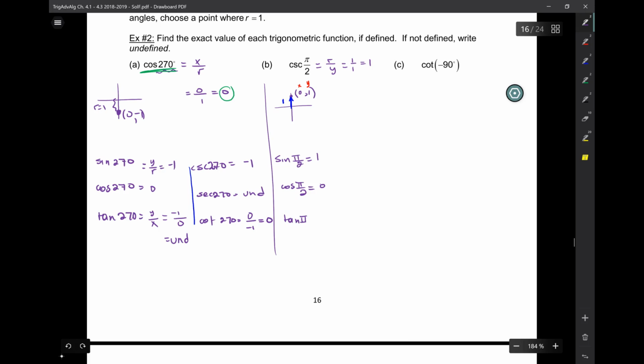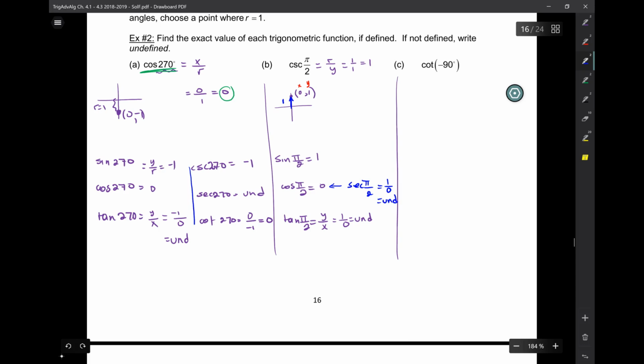Tangent of pi over 2 would be y over x, 1 over 0, which is undefined. And what would secant of pi over 2 be then? Secant is the reciprocal of the cosine, right? So it would be undefined.